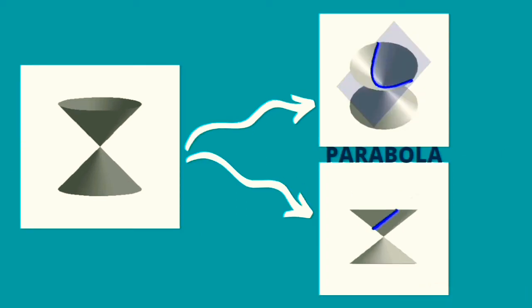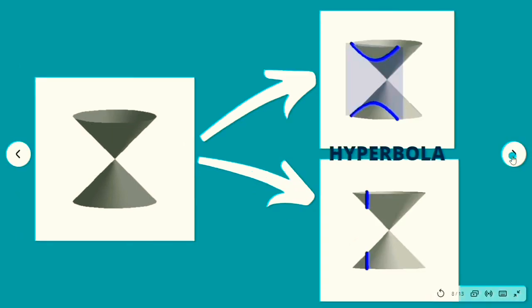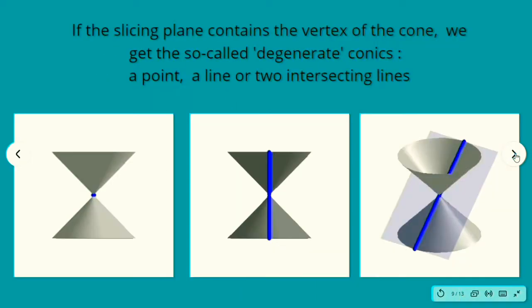Then, if the plane cuts parallel to the cone, we get a parabola. Other than that, if we slice the cone with a vertical plane, we get a hyperbola. If the slicing plane contains the vertex of the cone, we get the so-called degenerate conics. That is a point, a line, or two intersecting lines.